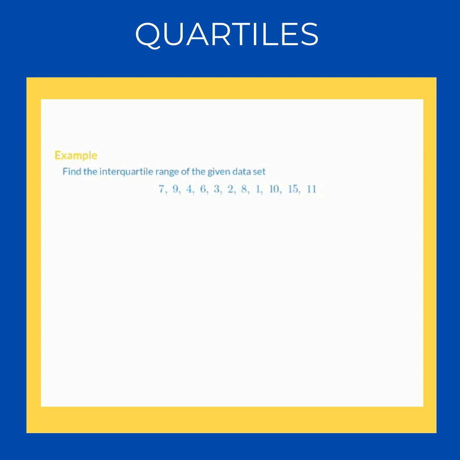So, the interquartile range, the IQR, is equal to Q3, which is the upper quartile, minus Q1, which is the lower quartile. Now, before finding the quartiles, the first step is to rearrange the data in ascending order.